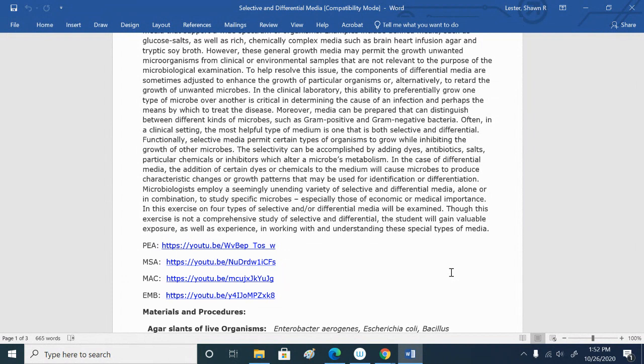Just worry about dark purple for lactose fermenters and shiny green for E. coli, although that person mentioned that some other bacteria may produce some shiny green. For our purposes, E. coli will be the only thing that turns shiny green on EMB.